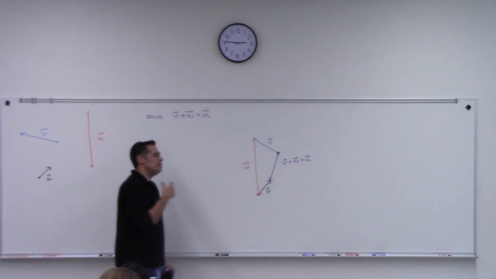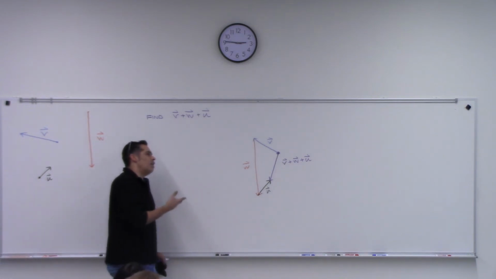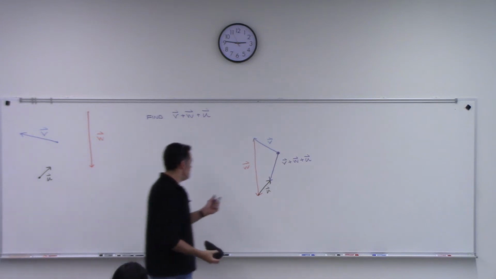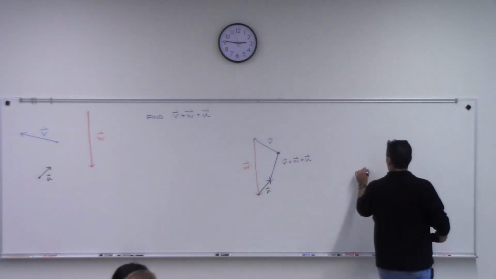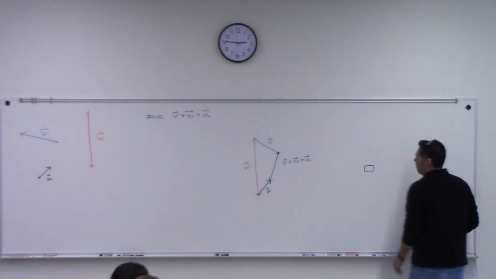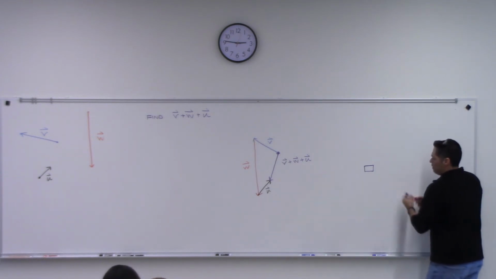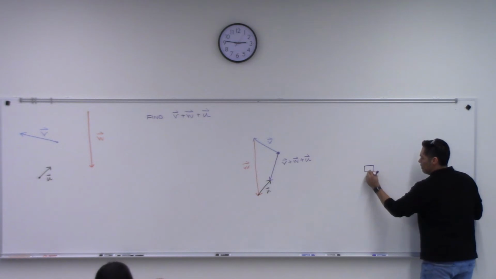Now, the reason why I don't want you to get too bogged down on this drawing, and thinking of it as a drawing, is because in the real world, here's what you can imagine. Imagine we have this object, right? And then we have maybe the force of gravity pulling it down, okay?